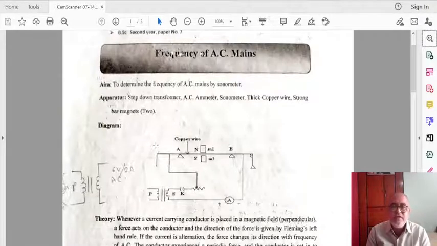In this way you have to complete all these experiments which we are discussing here in this manner, because in the coming exam you have to submit all these things by soft copy.